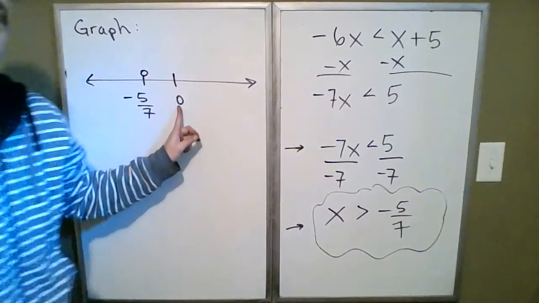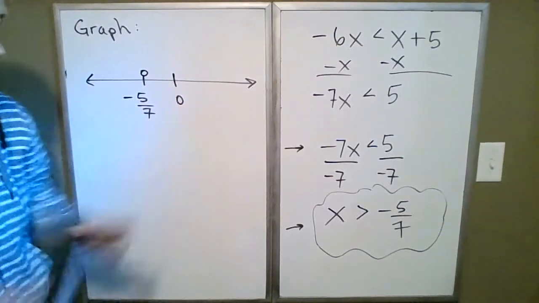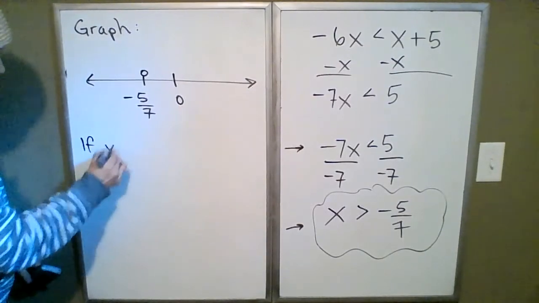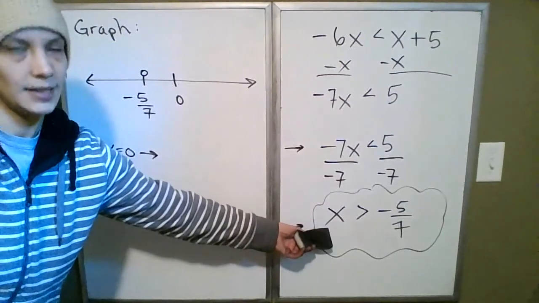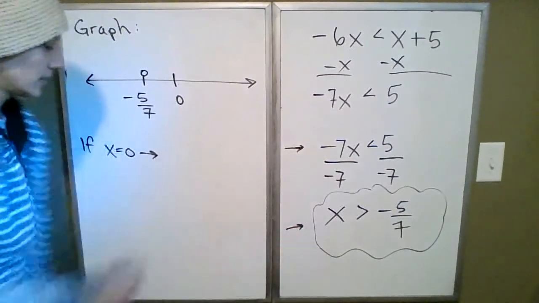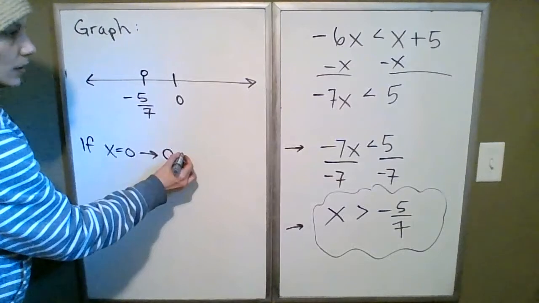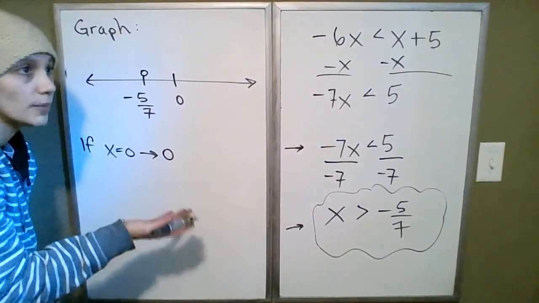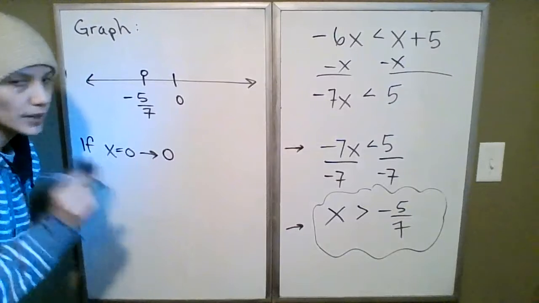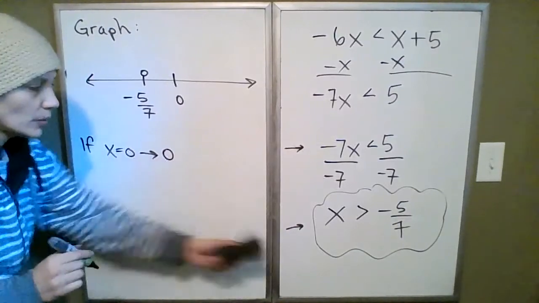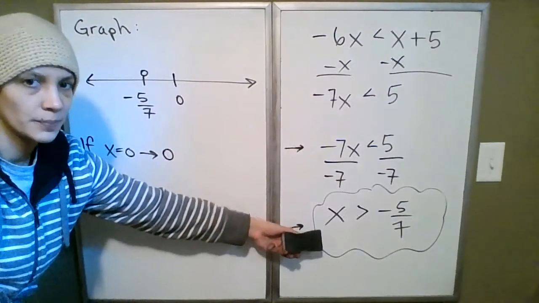Okay, I'm going to test 0. If I have x equal to 0, then we're putting a 0 greater than negative 5/7. Or I could go back to the very original inequality, but I trust that I've solved it correctly. So I'm going to use this simplified version.